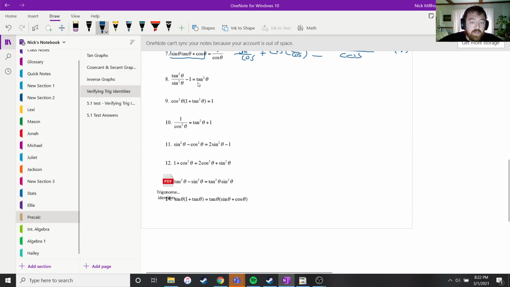Alright, so we have tan squared is equal to tan squared over sine squared minus 1. So let's take a look at this. We got tan squared is equal to, so we have sine squared over cosine squared times, so remember when we're dividing like this, we could do a times 1 over sine squared.